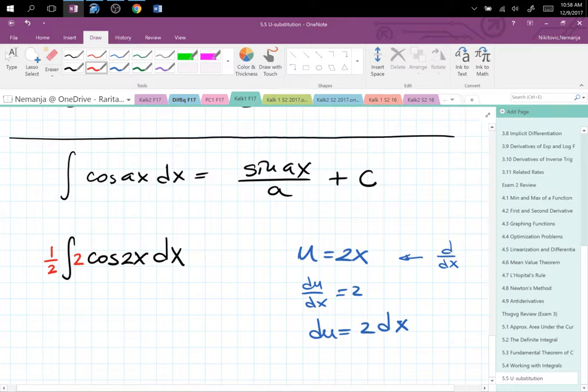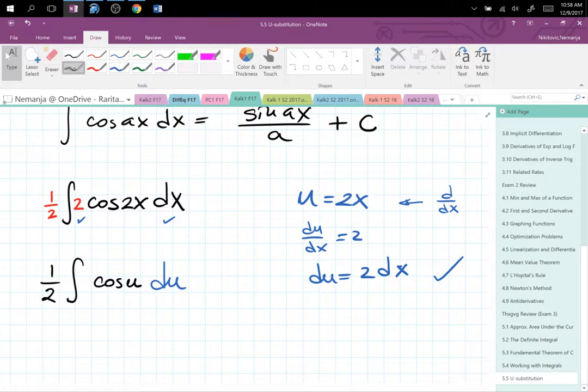So now, if you are using this method of fixing, then you have 1/2 integral of cosine of u, and 2 together with dx is the du. So that's another way of doing the same thing. You will pick your favorite and you will stick with it.